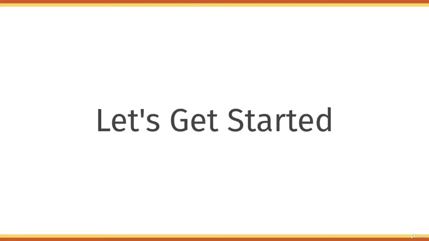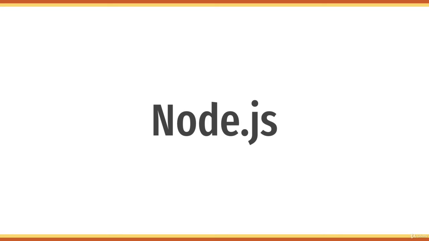Let's get started. So in the world of web development, almost all automation is made possible by a tool named Node.js. Now I'm not going to explain in detail what Node is because that's a topic for another course. All you need to know at the moment is that Node is a tool that lets computers run the JavaScript programming language outside the context of a web browser.